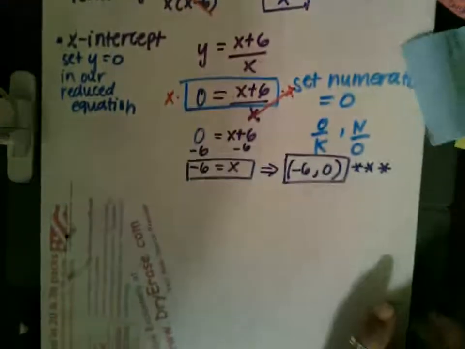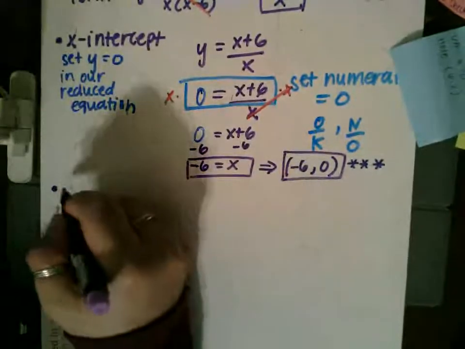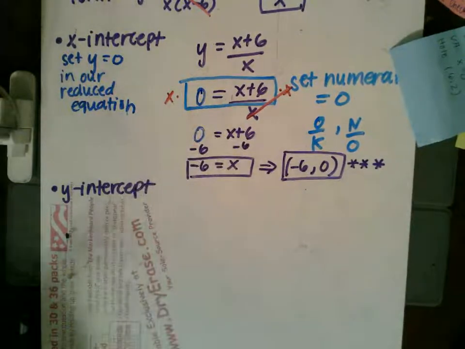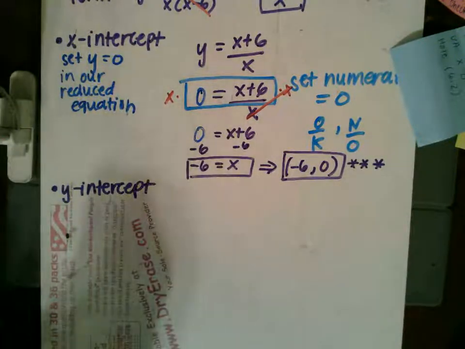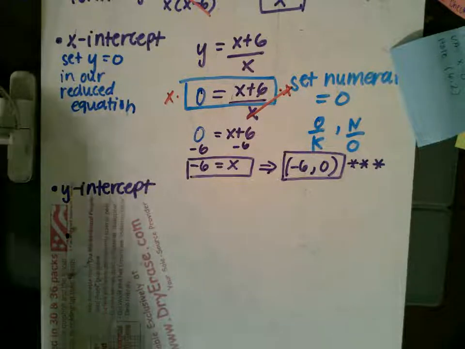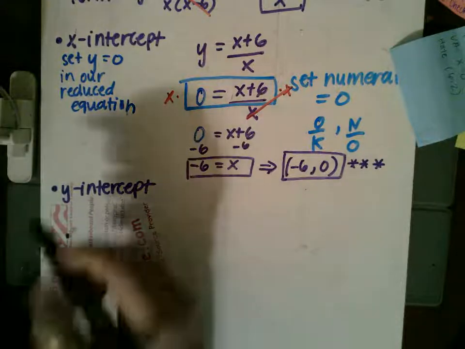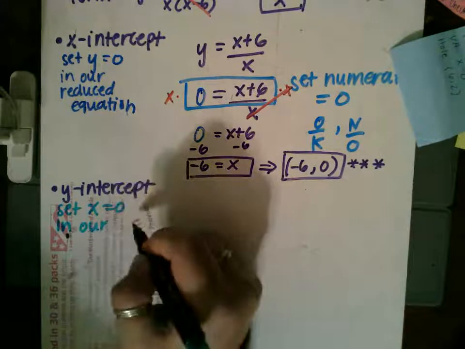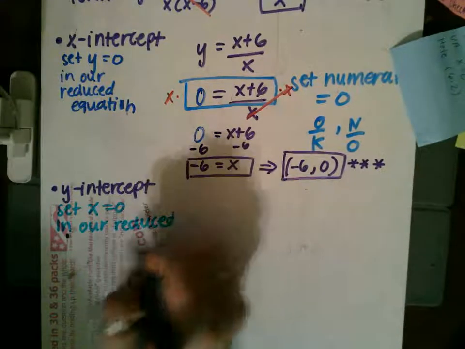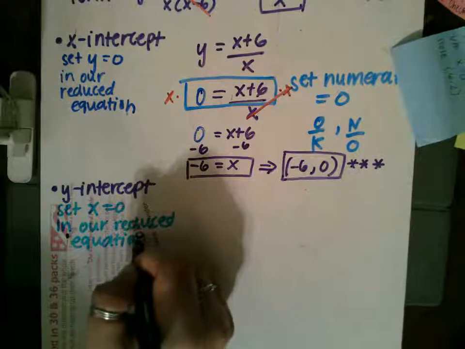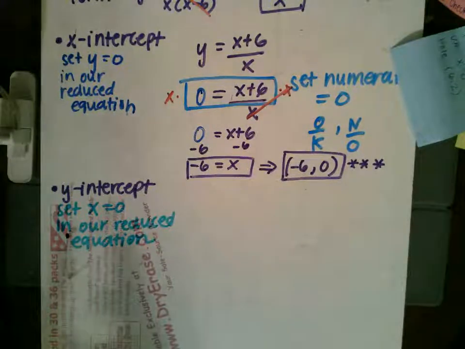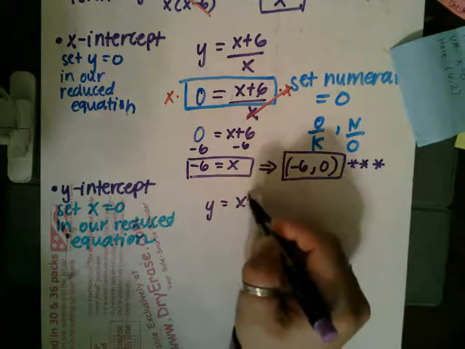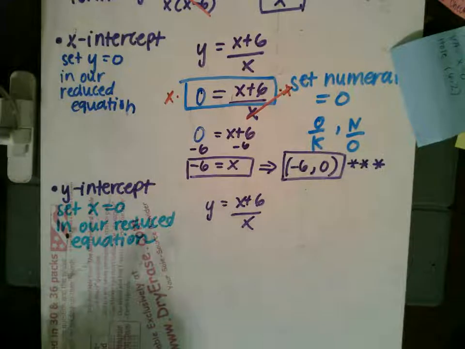Speaking of y-intercepts, the next thing we were asked to identify is the y-intercept. If for the x-intercept we set y equal to 0, to find our y-intercept we set x equal to 0 in our reduced equation. Remember, we had y equal to x plus 6 over x as our reduced equation.